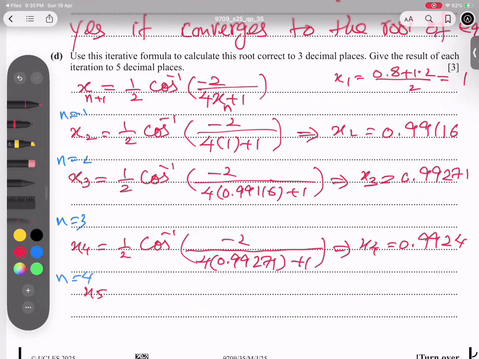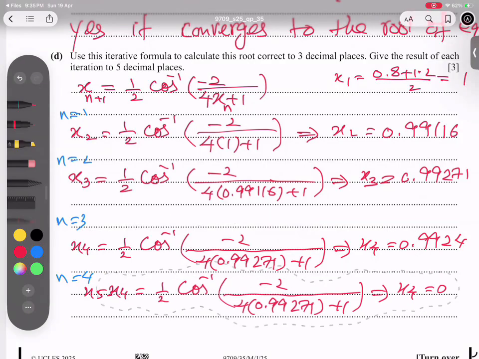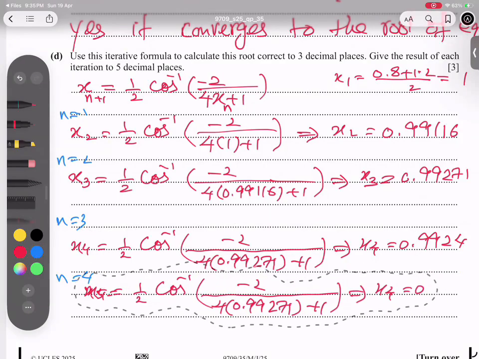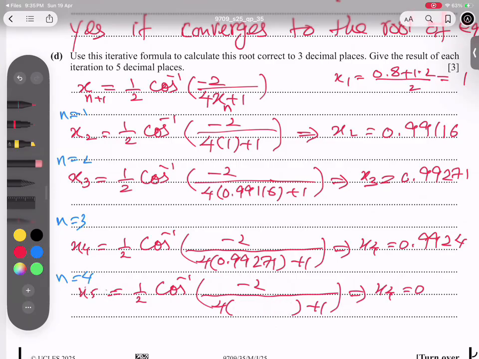So x5 turned out to be, I have to copy this whole thing and paste here. Okay. So this I'm replacing by x5. And this value, I'm replacing this one. So I'm getting 0.9924. I think after 24, we have a 4 also, double 4.